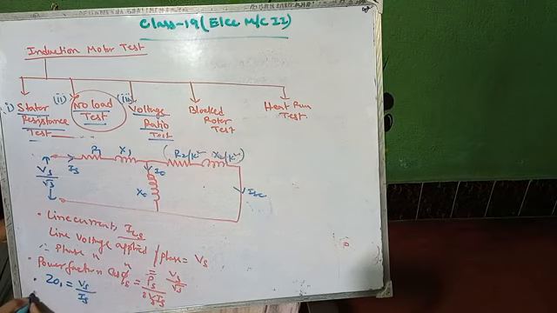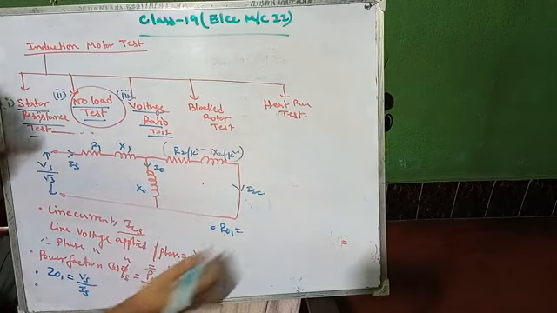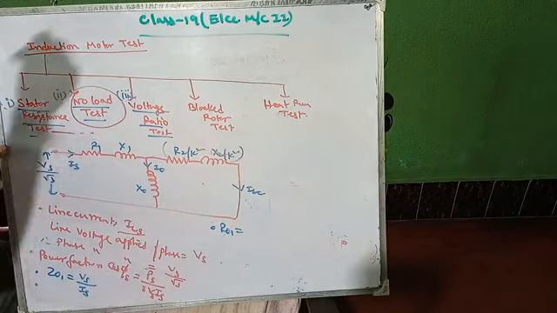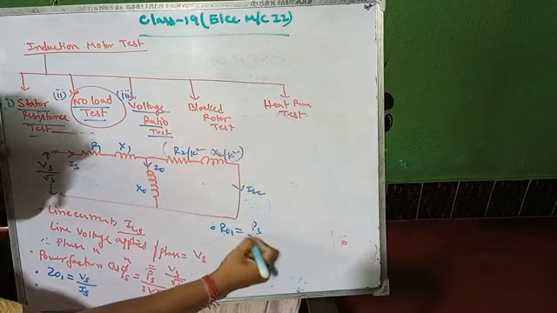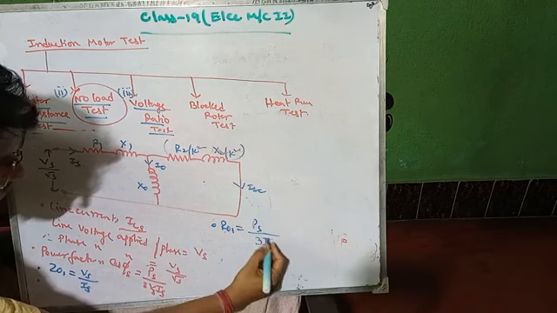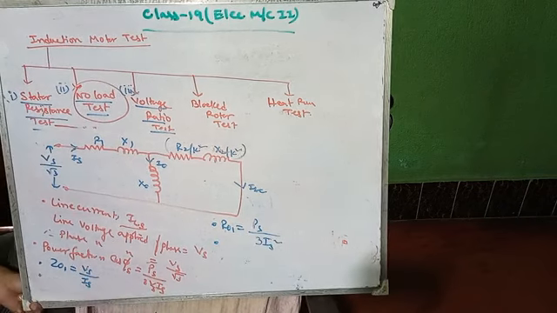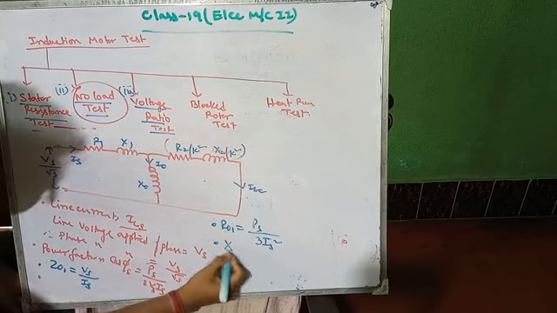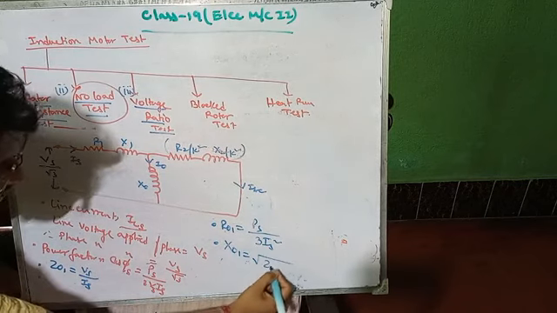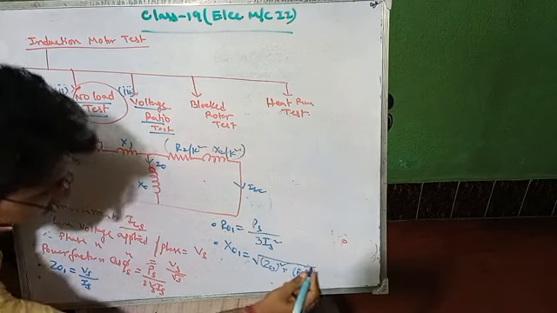Then the equivalent resistance R01 equals PS by 3 IS square. Next, X01 equals root over Z01 square minus R01 square.